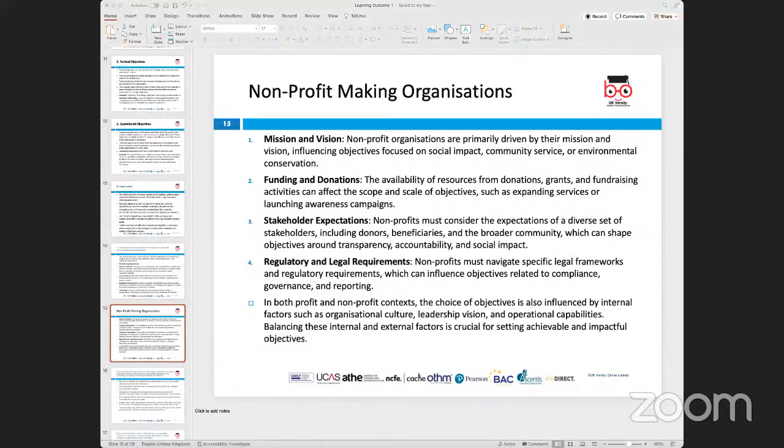Their main mission and vision is to basically provide services. So if I ask the question, what does Oxfam do, or what is the main aim of Oxfam as an organization? If you look at Oxfam in general, it's basically a confederation of 21 independent non-government organizations, or NGOs as we call them.